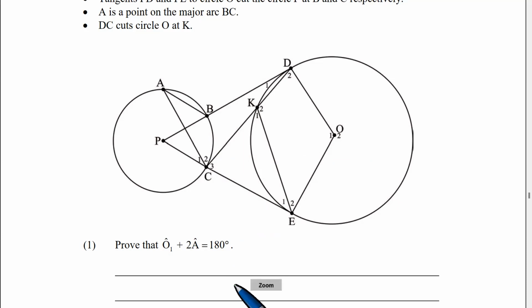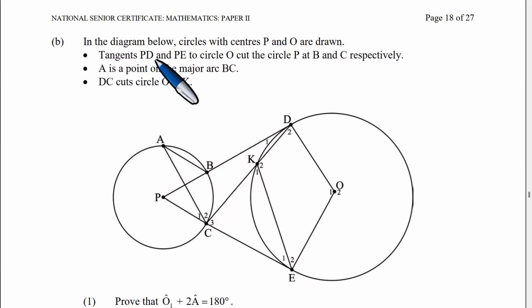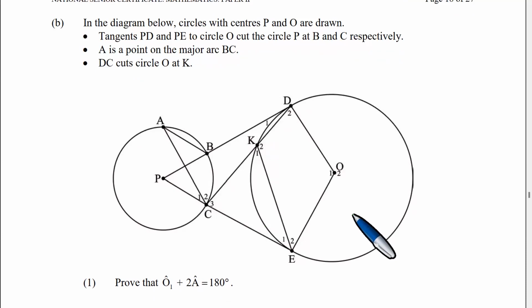The examiner said that PD and PE are tangents to the circle with center O. So this one is a radius, and that's a tangent, and that produces a 90-degree angle there. We have been told that PE and PD are tangents, so you have the 180 degrees that comes as opposite angles, making PDOE a cyclic quad.